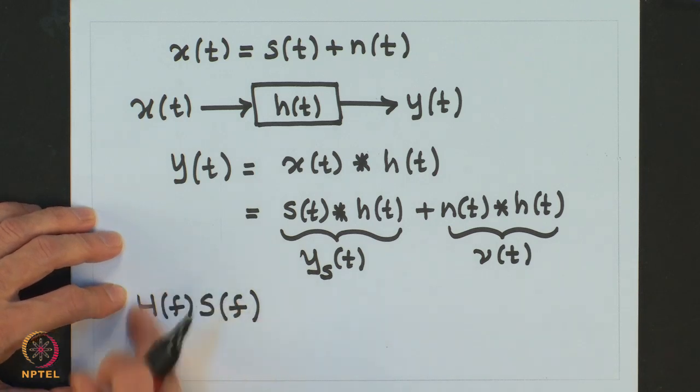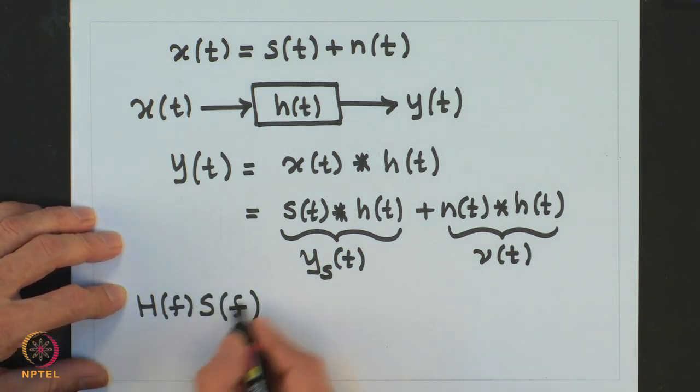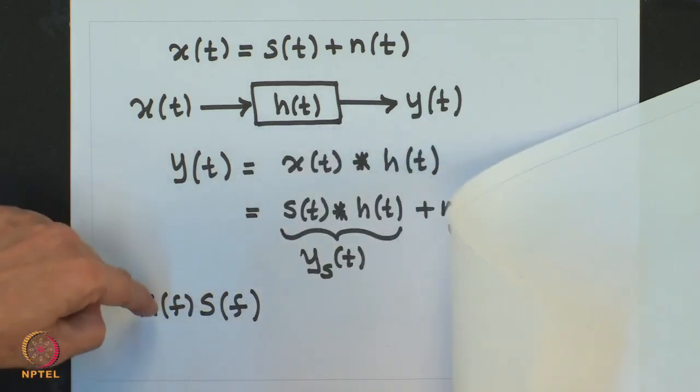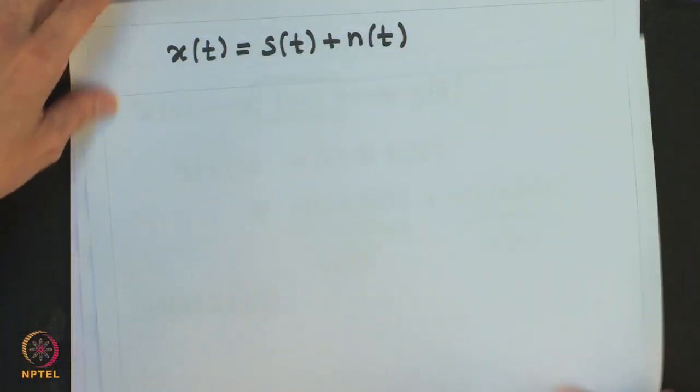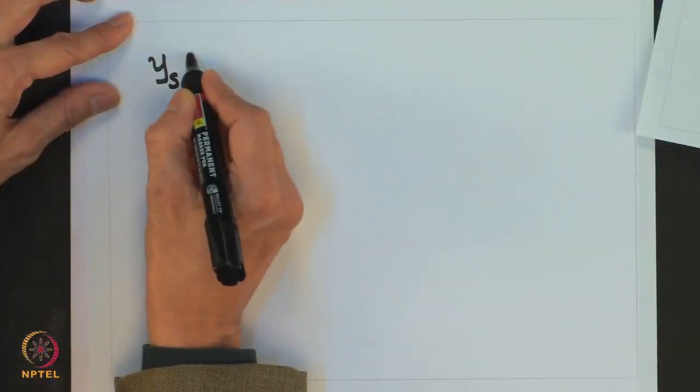If you want to compute the output due to the signal part, we could use the inverse Fourier transform of this, and if we do that, we would get it as follows.